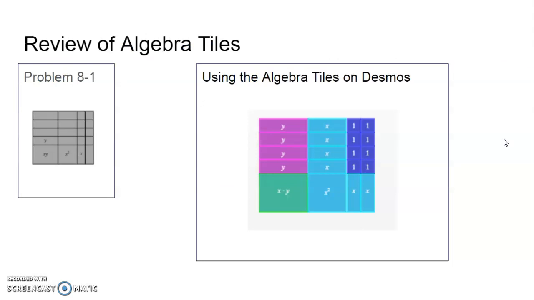Another thing we're going to be doing is looking at algebra tiles. I'd like you to think about algebra tiles as just a way to model what we're doing. Algebra tiles are not really what I would say are efficient, but I love them because they really show what's going on. So in problem 8.1, you're asked to take this picture and you're asked to find the area of this, which would end up being a quadratic written as a sum.